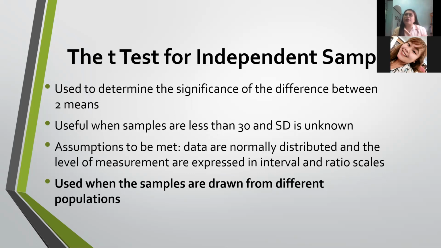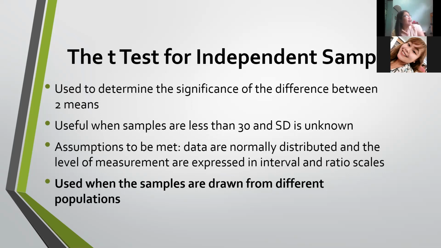Okay, so for example, you want to know the knowledge of the boys and girls in GSD-MSFI about COVID-19. So the boys are one group, the girls are another group, and they are independent from each other. Now, knowledge is what we are talking about.